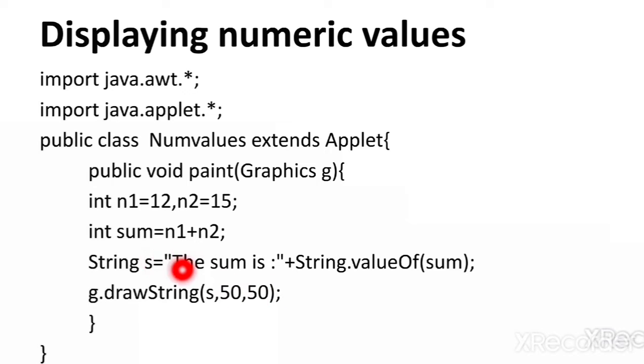So you have to pass s, the string that has to be displayed on the output window, and the coordinate values, that is 50, 50. You can change the coordinate values according to your requirement. So this is about displaying numeric values on the output window of an applet.